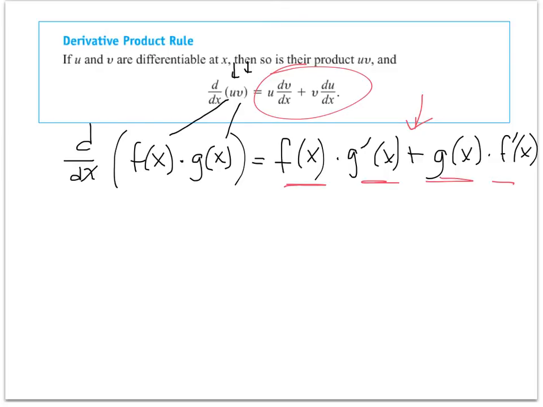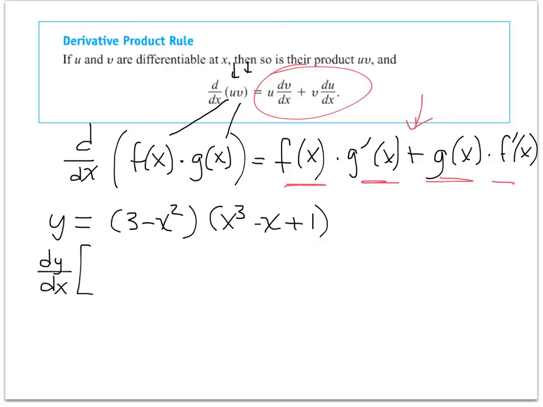All right, so if I have something like y equals (3 minus x squared) times (x cubed minus x plus 1). Now, in the past, I have had students that just don't like the product rule. I don't know why. You guys have your own weird quirks, right?